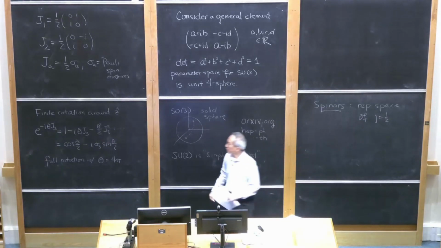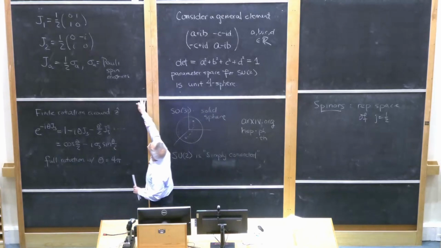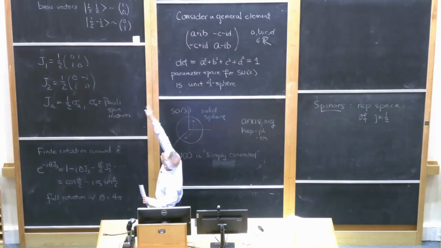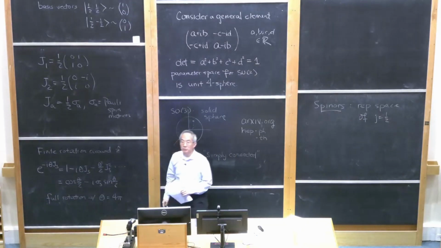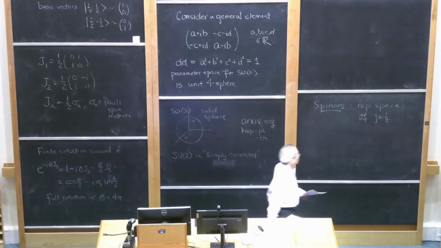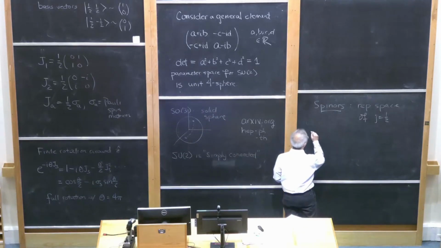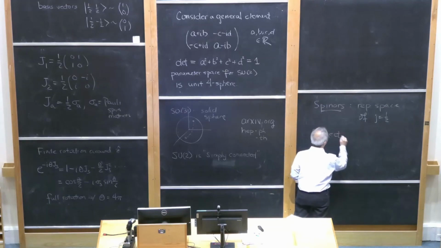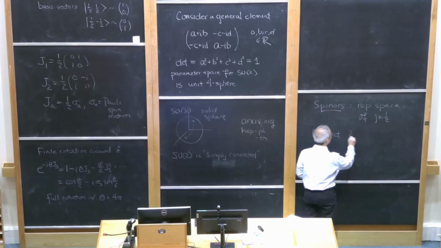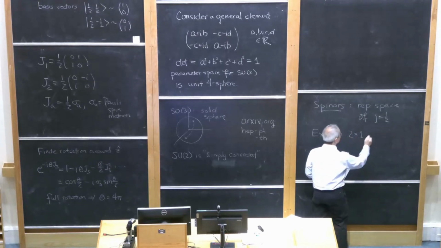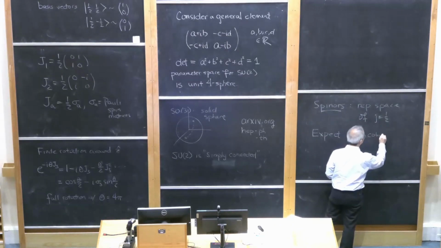Right? I mean, we saw that, in fact, those vectors that we had up there are the basis vectors. And you would sort of expect, at least in one representation, a 2 by 1 column vector representation.